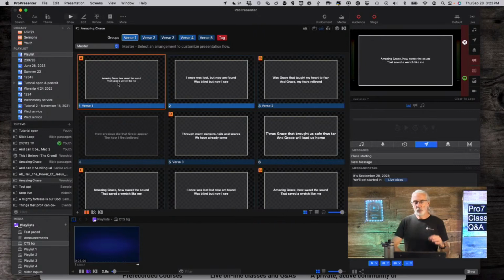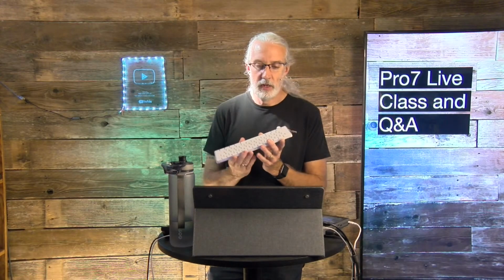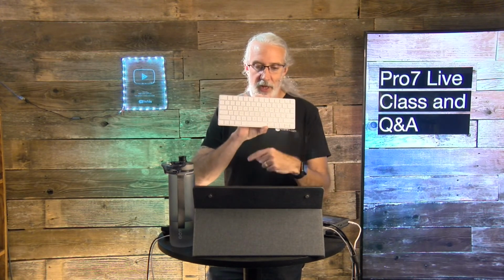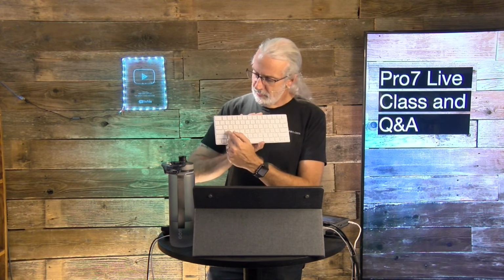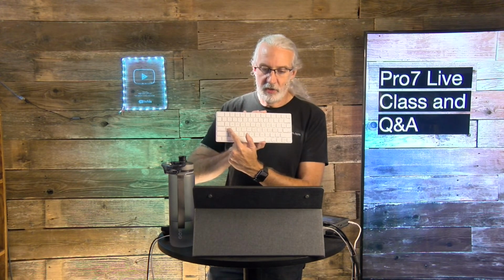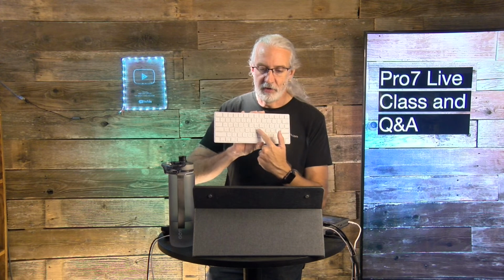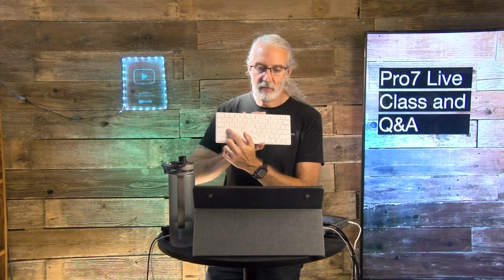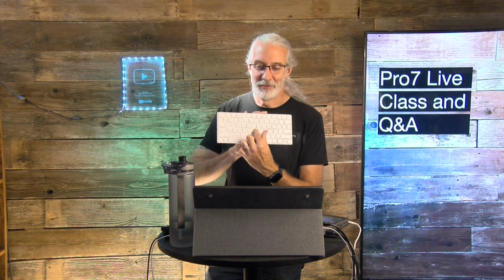Just to remember this, if you look at your keyboard, you probably can't make this out, but starting right here, this is the home row of keys if you're a touch typist, the one there in the middle. Starting right there with A, that's verse 1, verse 2, verse 3, verse 4, verse 5, verse 6.